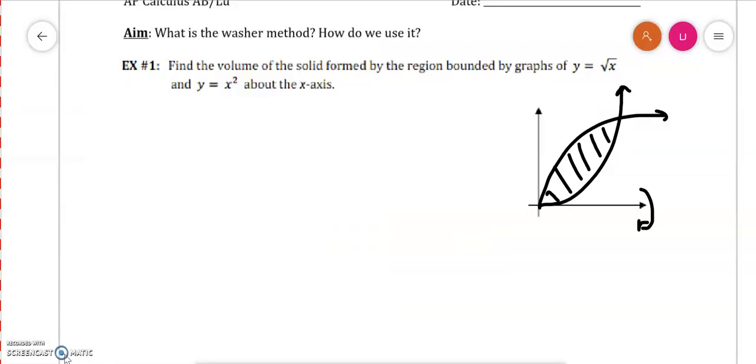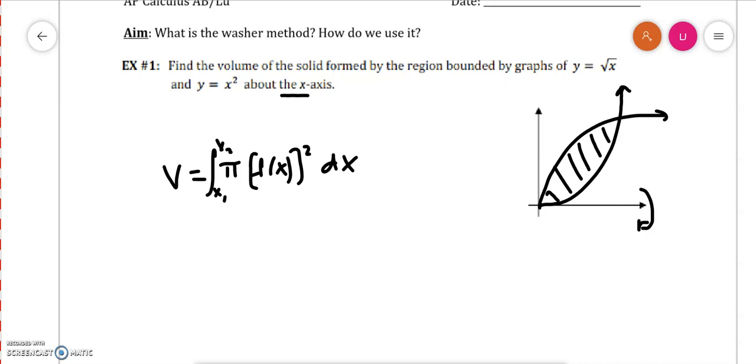All right, so then we're going to need to subtract one function from the other. So to do that, we have volume equals. Now our basic volume formula was the integral from x1 to x2 of pi f of x squared dx. So first, are we still going to use x's? Because remember, we also learned about y's. In this case, we are still going to use x's because we are revolving around the x-axis.